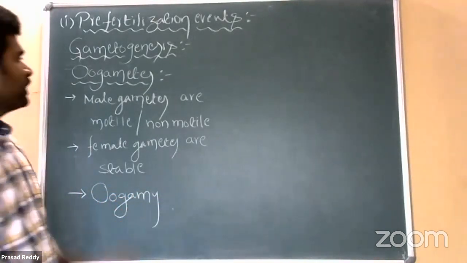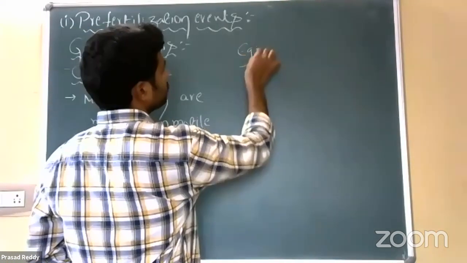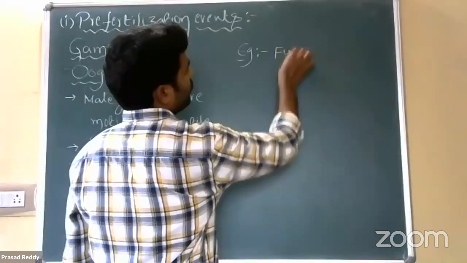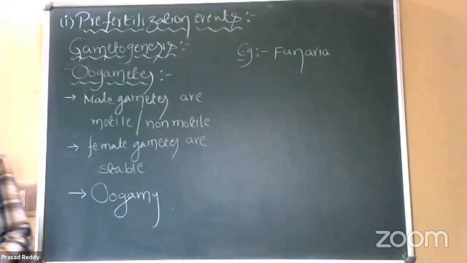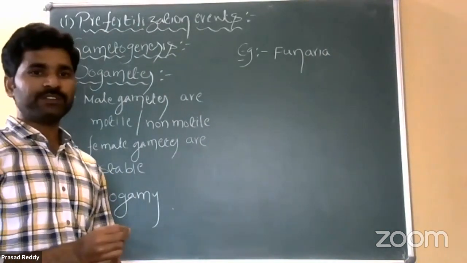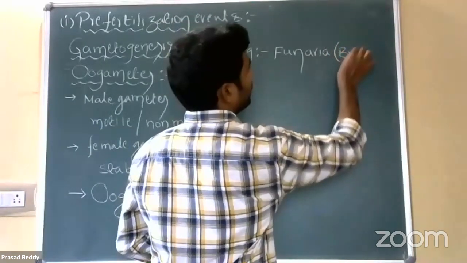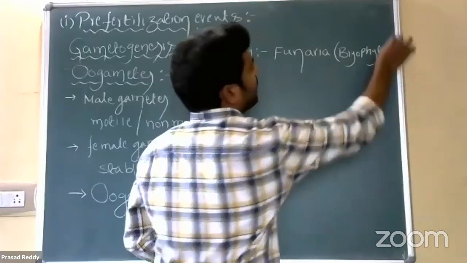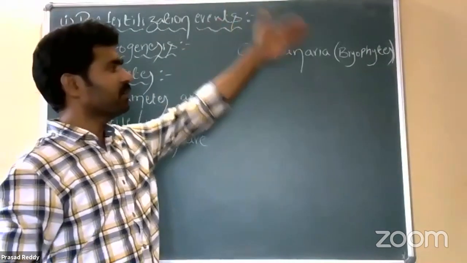So give me some examples for oogamy. Funaria. Funaria comes under bryophytes. Funaria, polytrichum, sphagnum come under bryophytes.